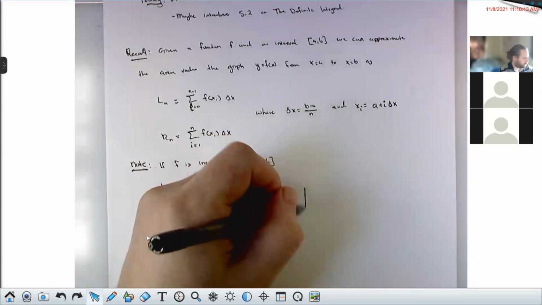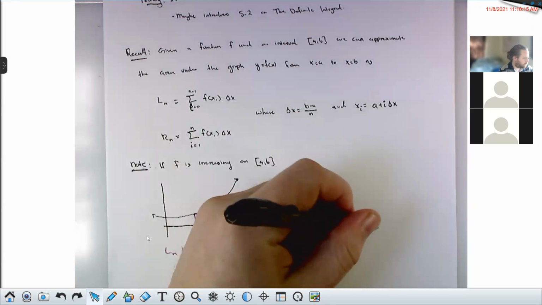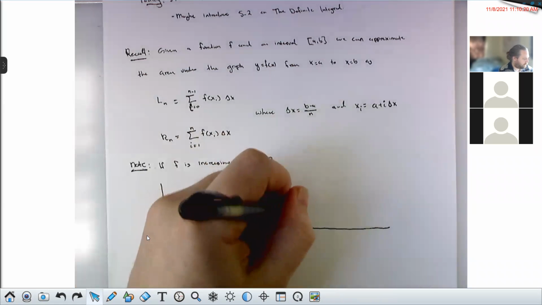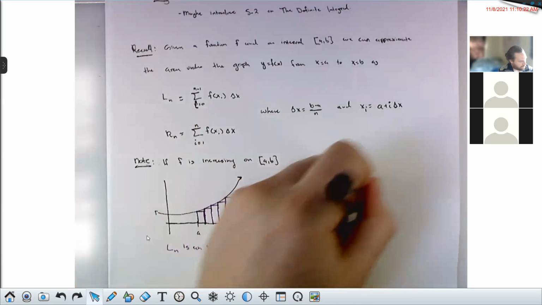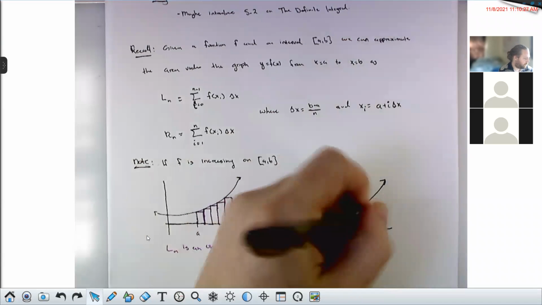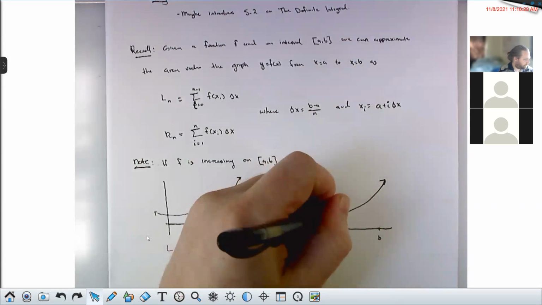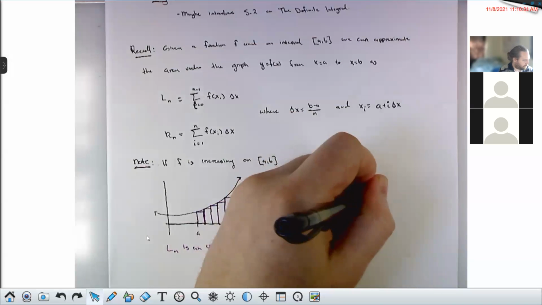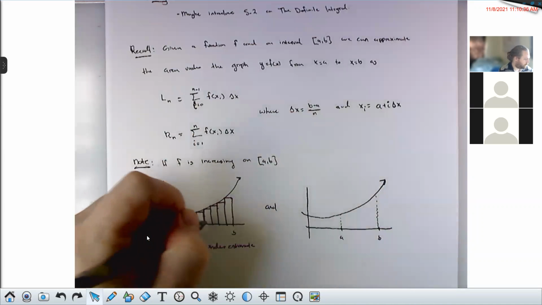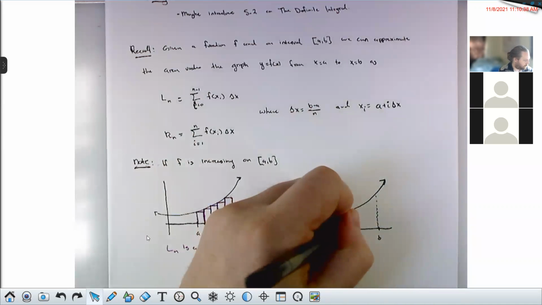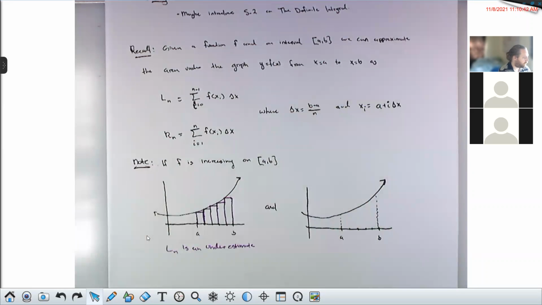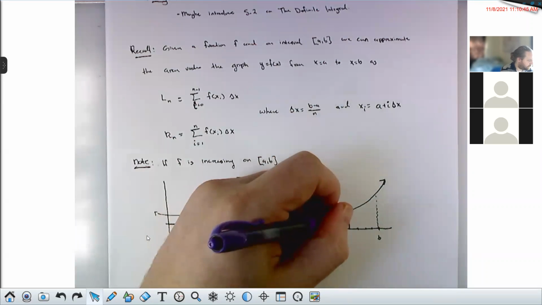I'll do my best to reproduce this picture over here. So drawing in R_n. Here's a, here's b. I'll chop it up. And R_n will be an overestimate.